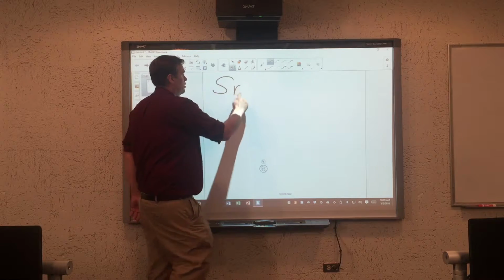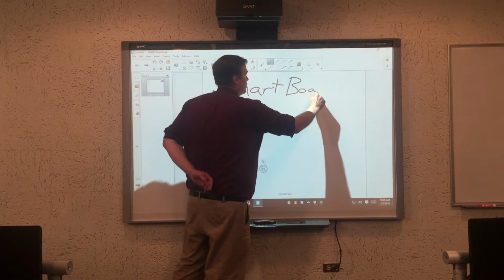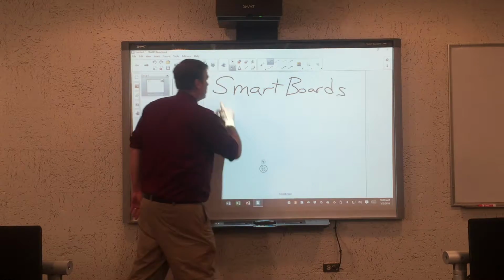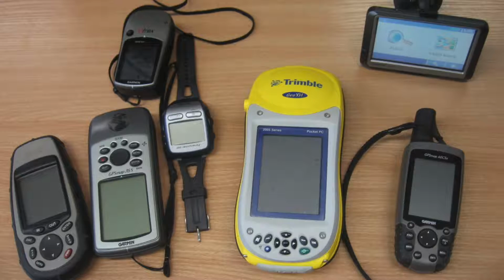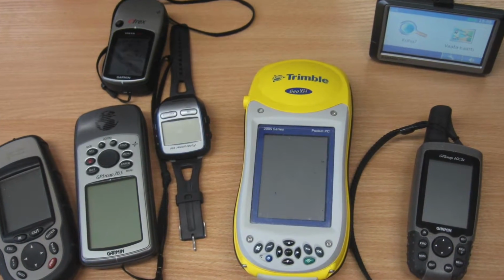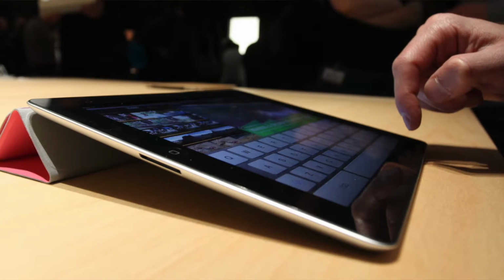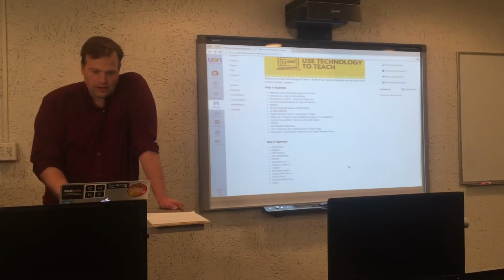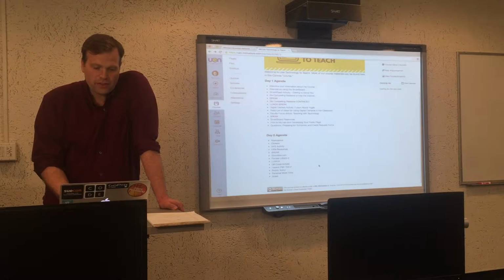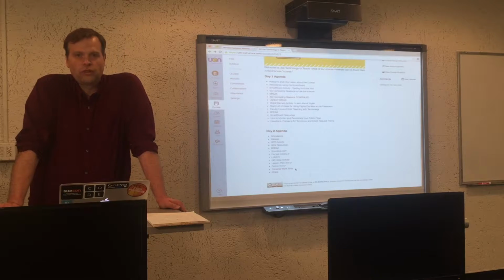These include things like the smartboard, as well as digital cameras, smartphones, clickers, tablets, GPS, both handheld GPS and GPS apps on a smartphone, and then a few other things like QR codes, using QR codes in the classroom.